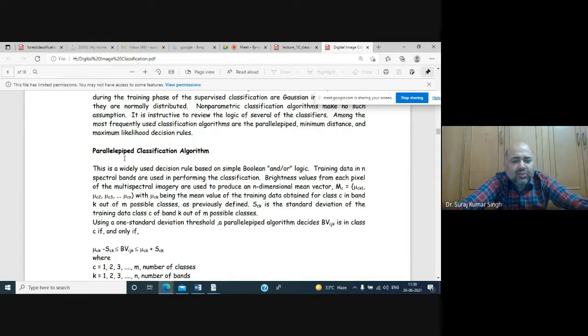When you go for the parallelepiped classification algorithm, this is a widely used decision rule based on simple Boolean AND/OR logic. AND means both, OR means either. AND means intersection, OR means union.